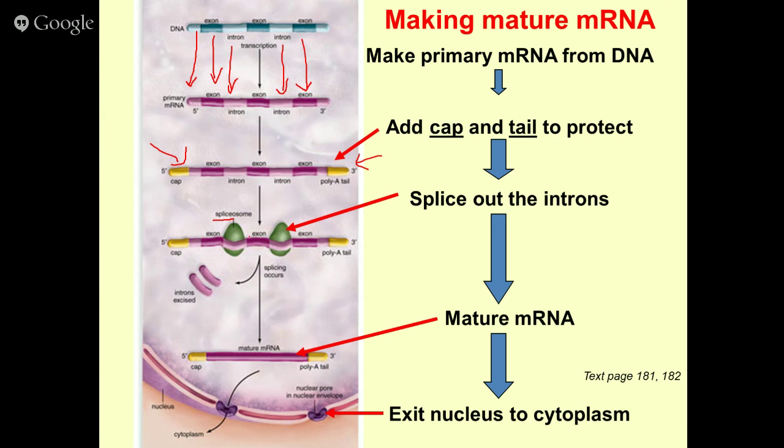So the introns get spliced out, and then at the end, we're left with our mature RNA, which has a cap, which has a tail, and which is all exons. So this is going to be going out of the nucleus to find the ribosome. So after it's transcribed, messenger RNA is modified. This is called the post-transcriptional modification of messenger RNA.